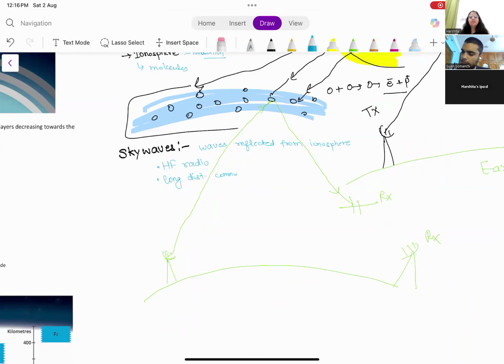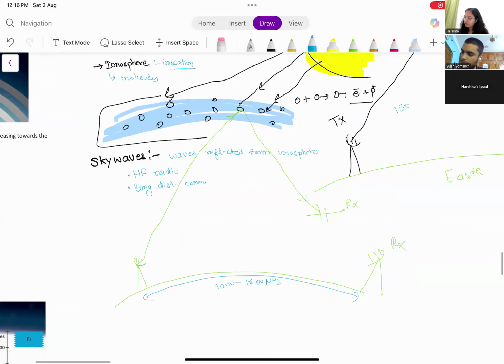Since we are transmitting the wave from one place on the earth, going to the ionosphere, hitting and coming back to earth, it covers almost 1000s to 1800s of nautical miles. Whereas if you were using ground waves, you could go hardly 150 to 200 nautical miles, max to max.